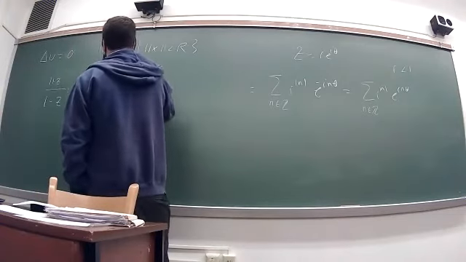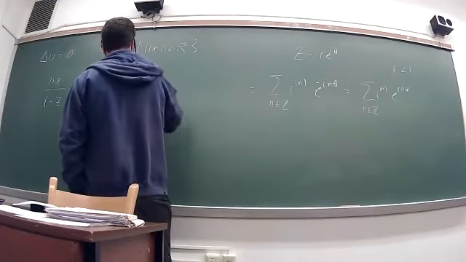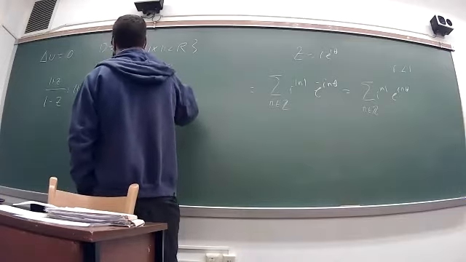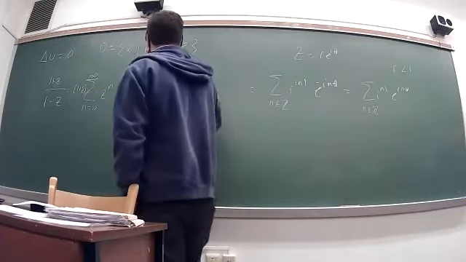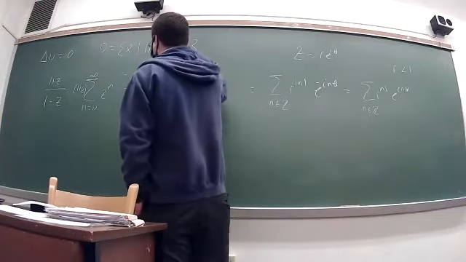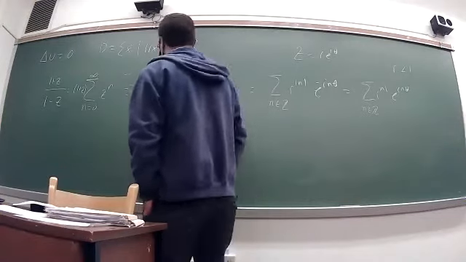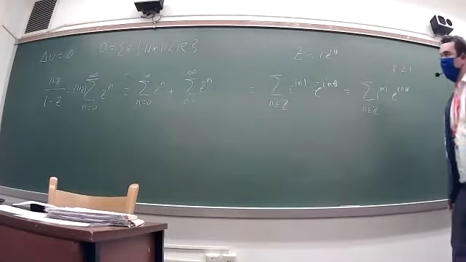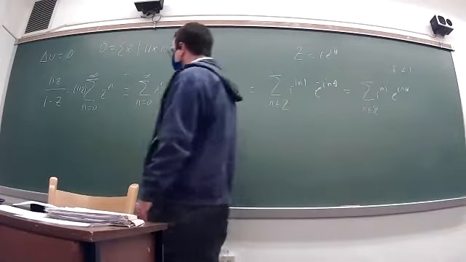Well, let's just see. So n goes from 0 to infinity, z to the n, plus, this gets multiplied by z, so this is like n goes from 1 to infinity, z to the n, right? It's multiplying every term of the series by z, which starts the index at 1.